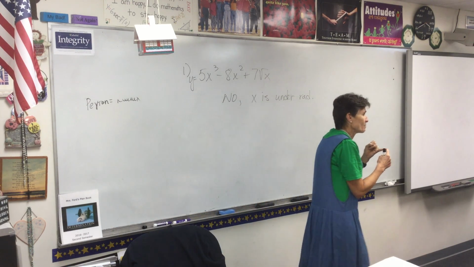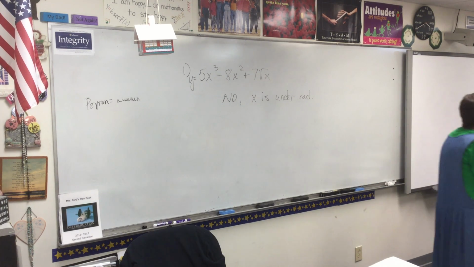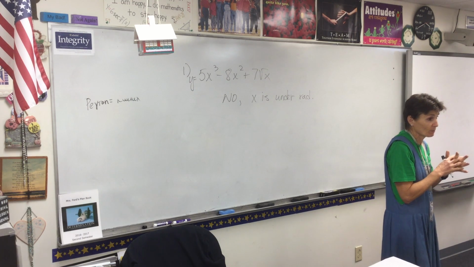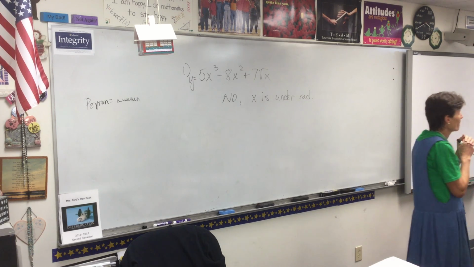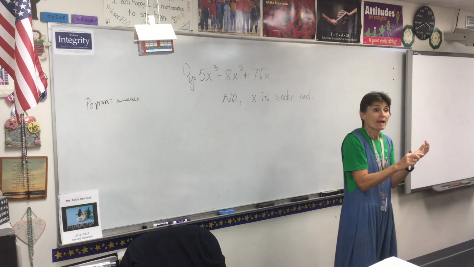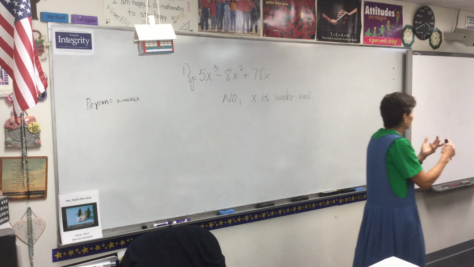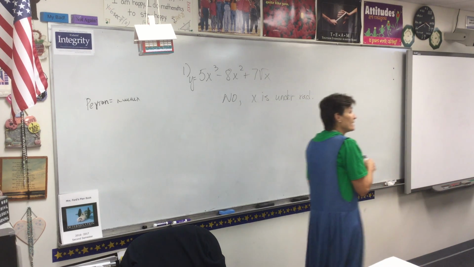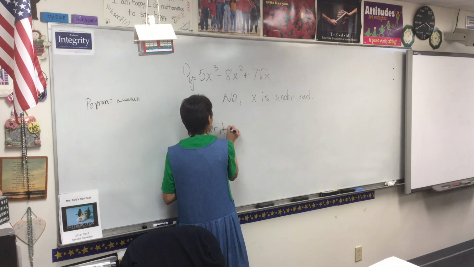Can't have a negative exponent. Can't have x in the denominator of a fraction. And you can't have a fractional exponent. So go back and take a look at those 4 things that keep us from being polynomial functions: x under radical, x in denominator, fractional exponent, negative exponent.